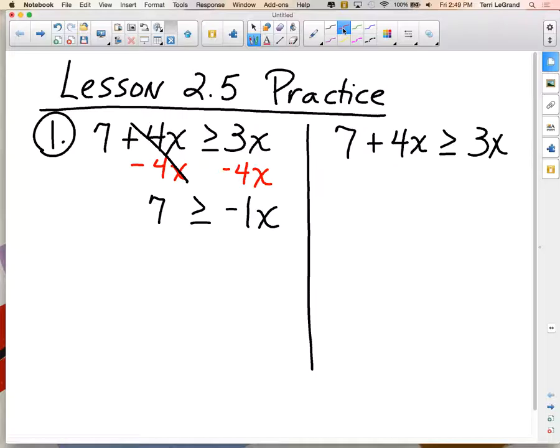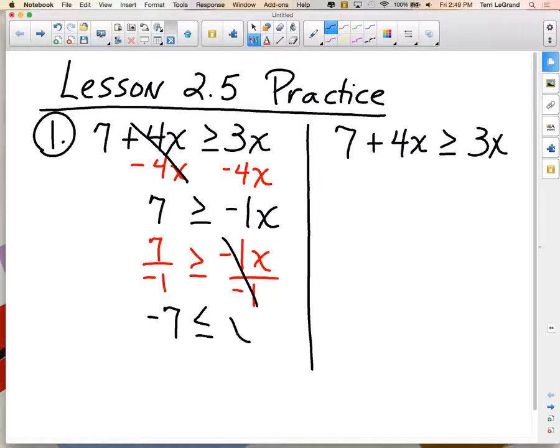Okay, then we are going to do what next? Divide by negative 1. And 7 divided by negative 1? Do I need to switch the symbol? Yes. Yep, we divided by a negative, and we have x left alone on the other side now, right?